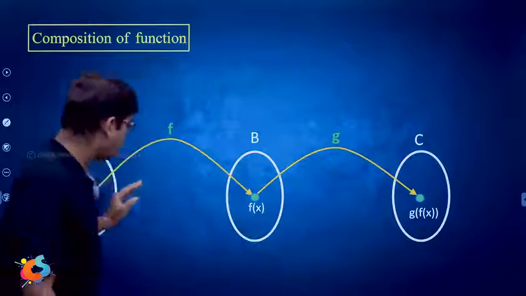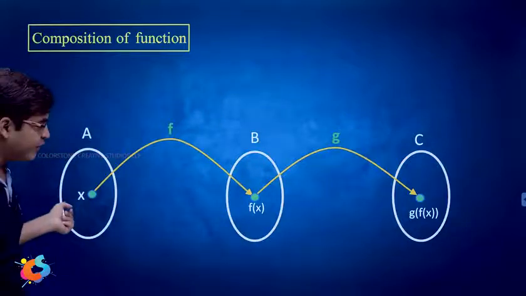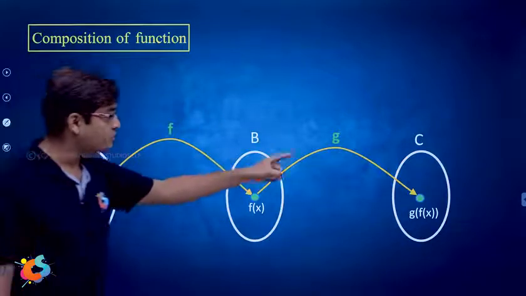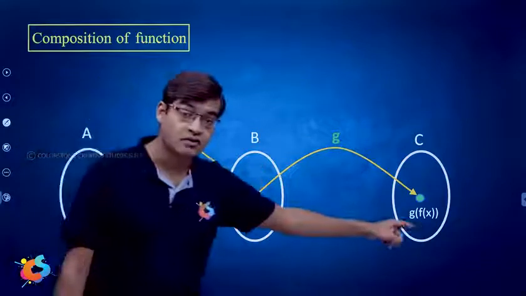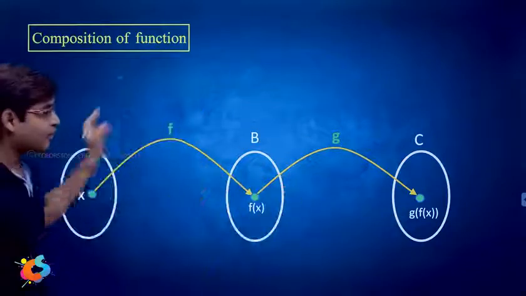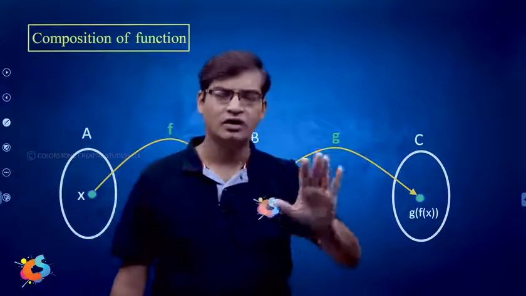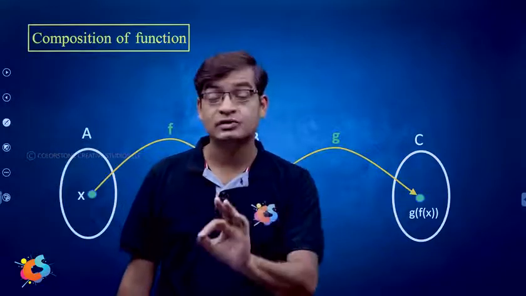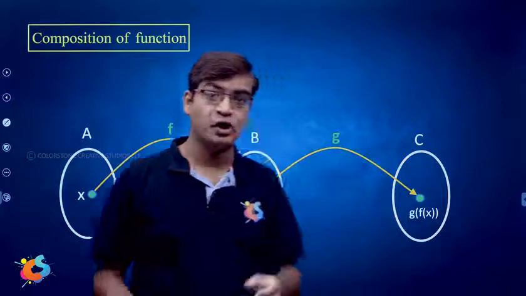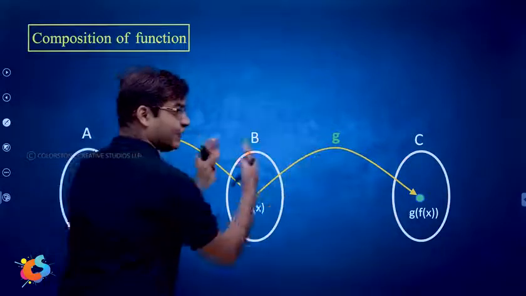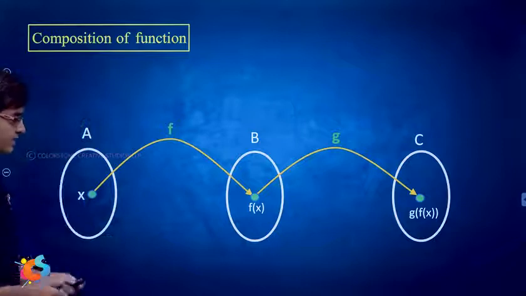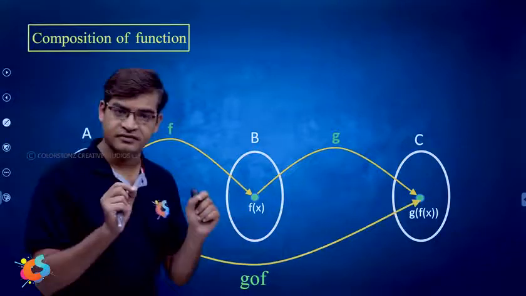Because of f, x went to f of x. Because of g, f of x went to g of f of x. So x went to g of f of x. On the whole, because of two functions, x went to g of f of x. So the total effect on x is that x went to g of f of x.